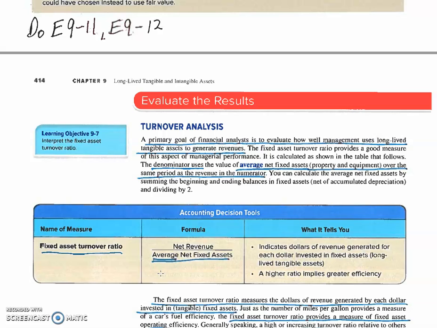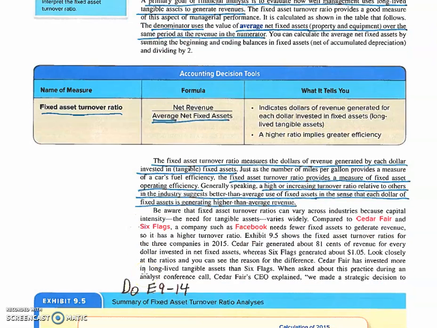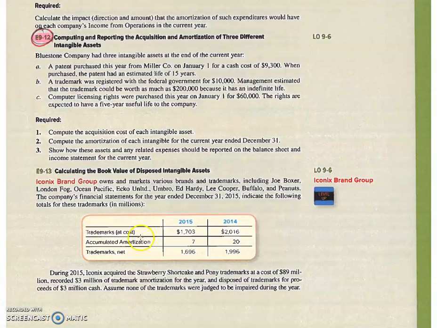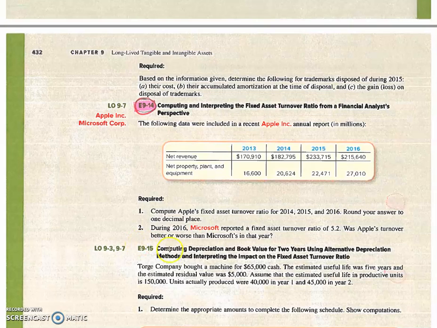So you have to look at it very carefully, but that's how you calculate it. So we have a homework problem on that. And right there. So compute and interpret the fixed asset turnover ratio from a financial analyst perspective.